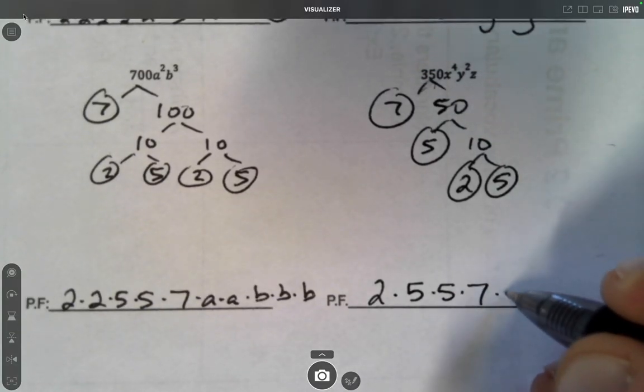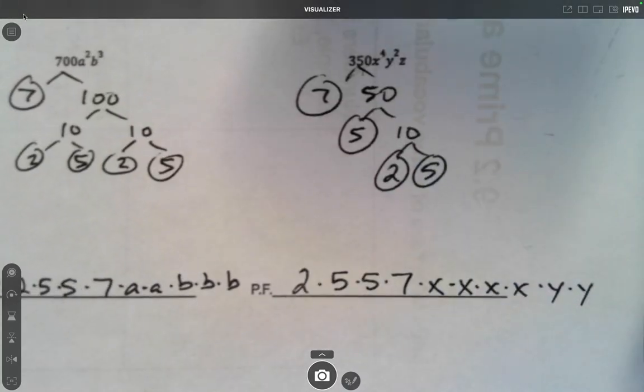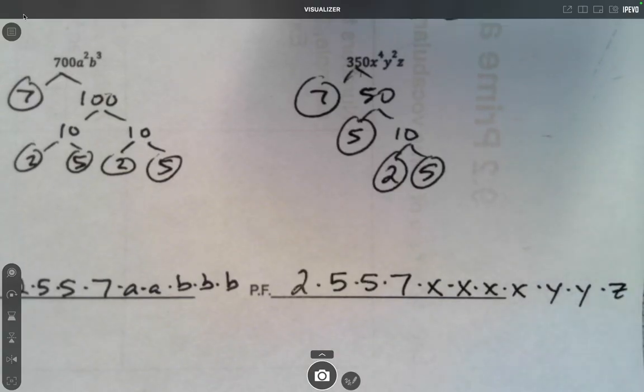Then there's 4 X's, 2 Y's, and 1 Z. So expand the numbers just like we do on the numbers by themselves with factor trees, but don't use exponents on these. And then expand the variables out to as many as are needed based on their exponent.